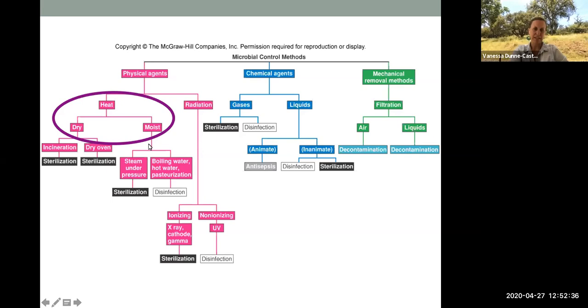Moist heat could be steam under pressure or without pressure. And so again, each of these would have a different use depending upon the thing that you're trying to clean. And also note that they have different levels of cleanliness. So sterilization can be attained under some circumstances, otherwise disinfection.